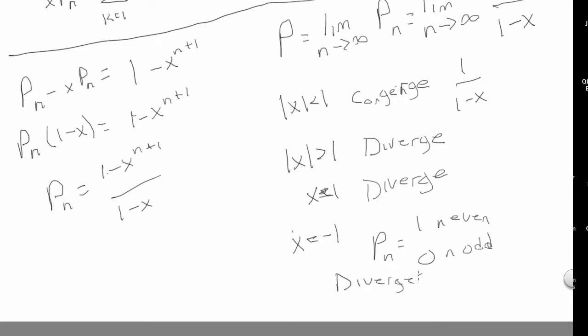Now if you remember the video we watched in class on the first day, there's a difference in the divergence here and the divergence up here. This does not go off to infinity. It alternates between 1 and 0, versus these go off to infinity.